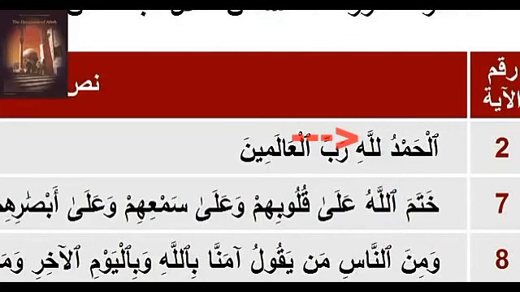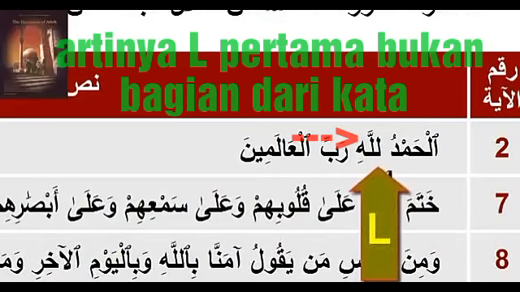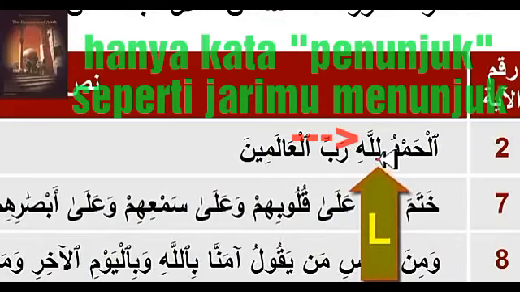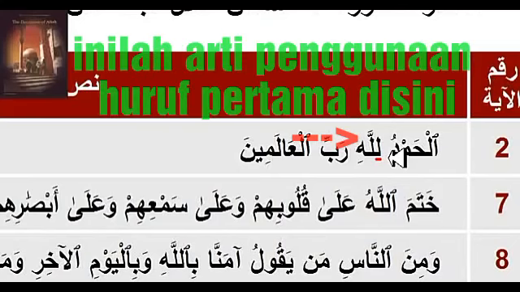Now, this means that the first L we see here is not part of the word. It is like when you are pointing your finger at somebody, saying to this guy, or to you. This is what the first letter means here. So what is left?